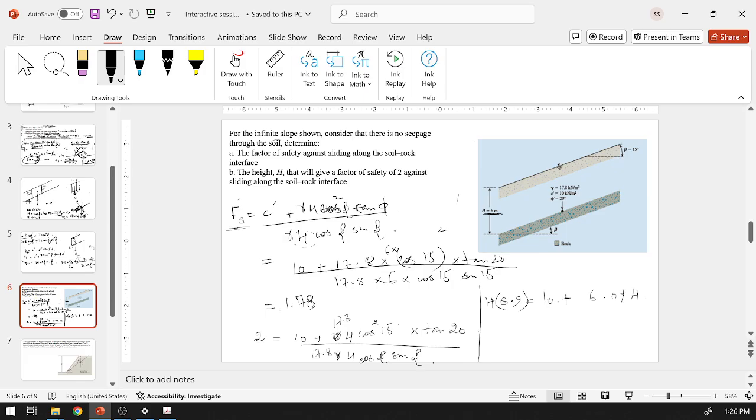So we will have 8.9, then 2.86 h is equivalent to 10, so h is equivalent to 10 over 2.86, which is 3.5.